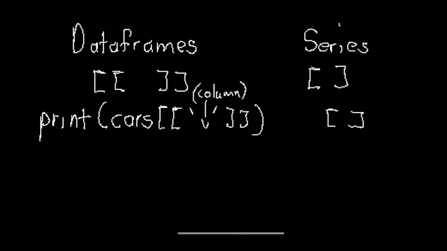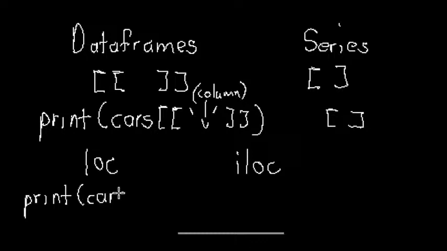And then lastly, we learned about loc and iloc. So for example, if we want to print cars, we would say cars dot loc. Then we can choose double square brackets or single square brackets, it doesn't really matter.